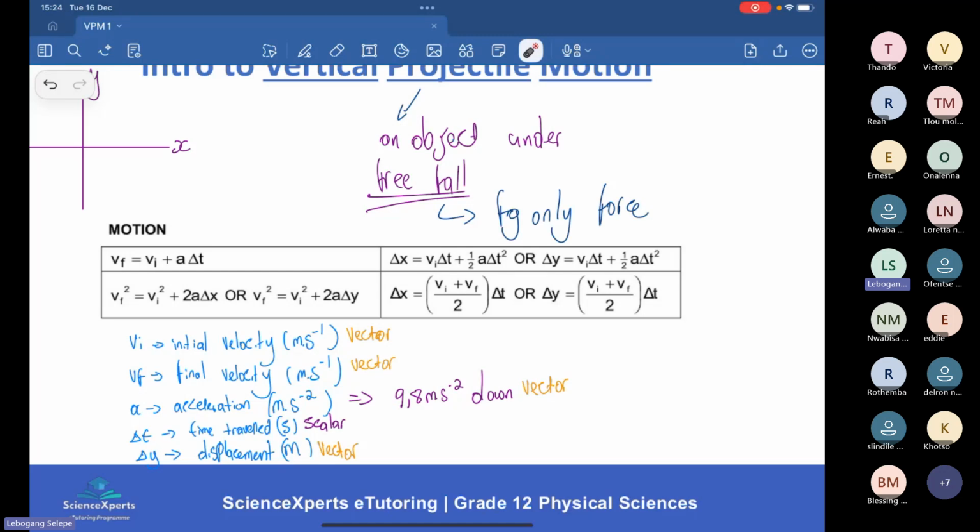So whenever you pick a formula, you're gonna pick a formula with 3 variables that include acceleration. You're gonna choose a formula with 3 variables that you know and 1 of the variables that you don't know, right? Then you choose it from here.